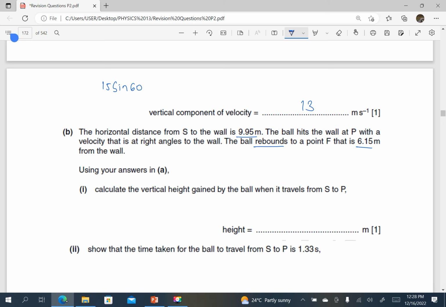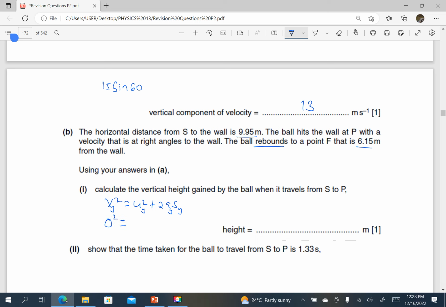when it travels from S to P. Vertical height. So we need an expression which has displacement. So V squared equals U squared plus 2AS. S is going to be the vertical height. We are considering vertical motion. Since it reaches the wall with a horizontal velocity, it means final velocity in the vertical is 0.